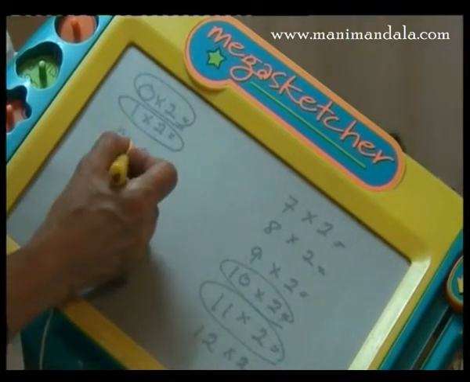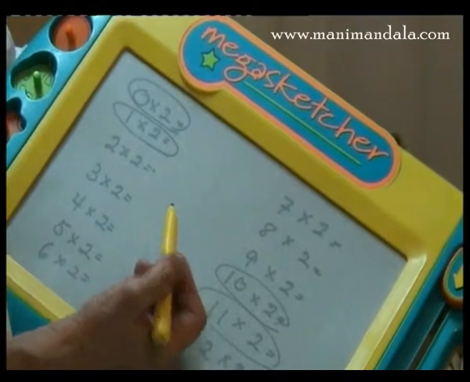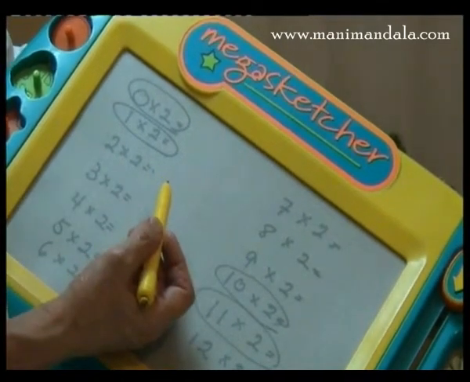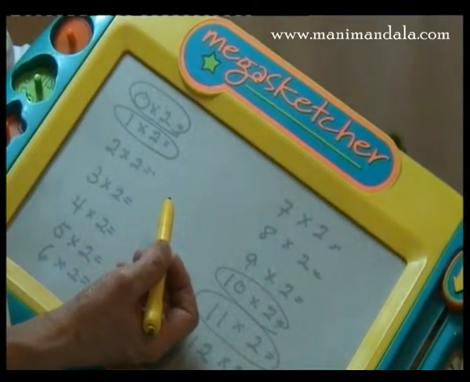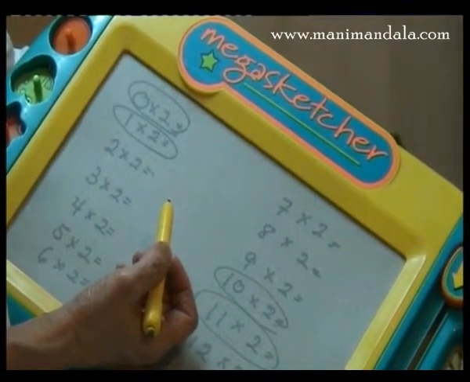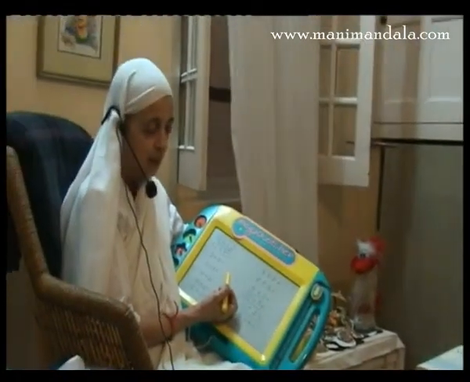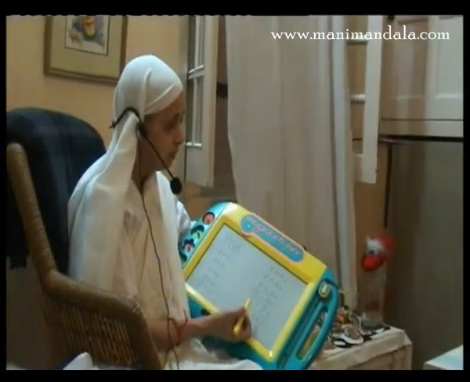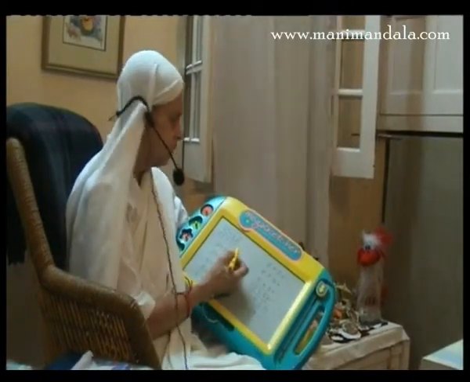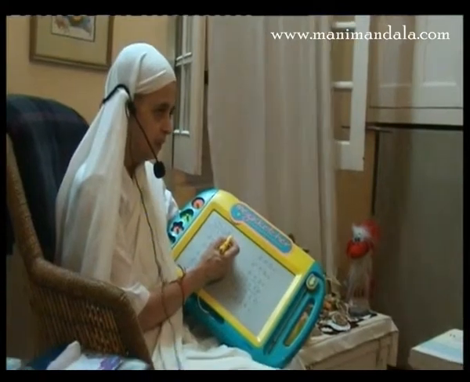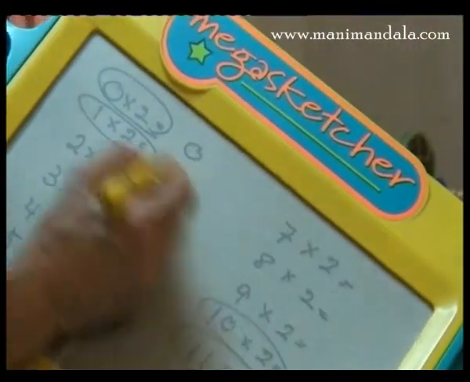Now we understand that the 2s are doubles because we double something. Times 2 means I double a number. And we've already done that before, right? So remember 2, 4, 6, 8, 10, 12, 14, 16, 18, 20. And now we have to go a little bit higher, 22, 24. Let's put the answers for the ones we know. We know 0 times any number will give 0. So that one we know, we got that one.